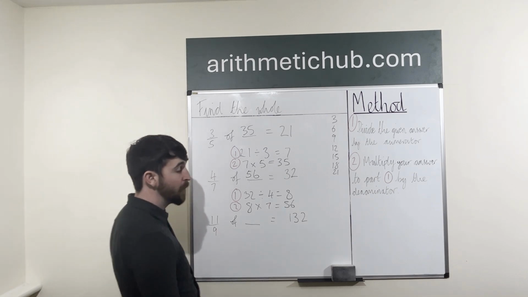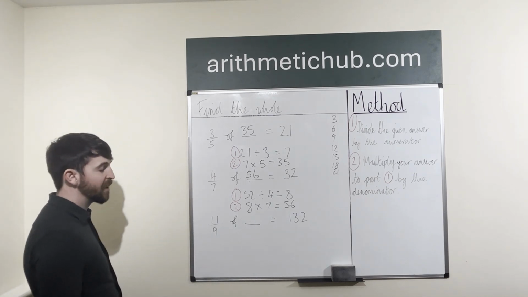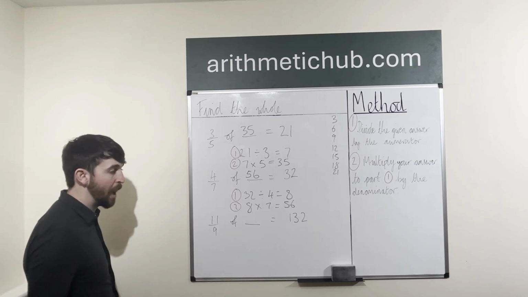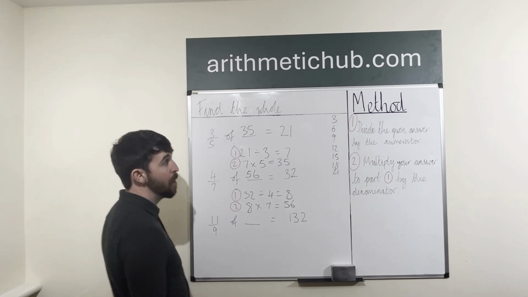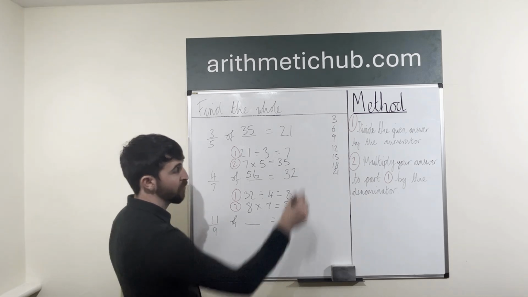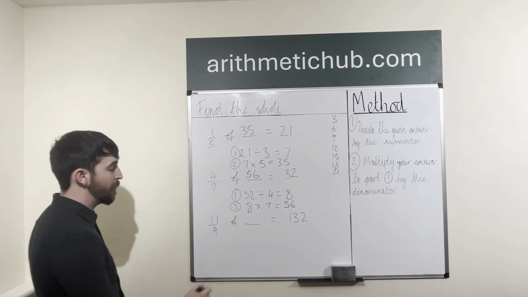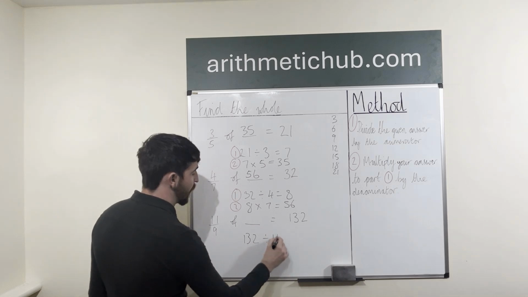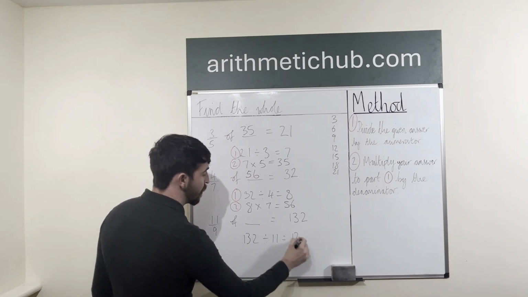Now we've got the final part of the question. Now this one is only slightly different because we've got an improper fraction over here. So let's have a look how that would look if our fraction was improper when we're finding the whole. So 11/9 of something is going to give us 132. Divide the given answer by the numerator. 132 divided by 11 is going to give me 12.